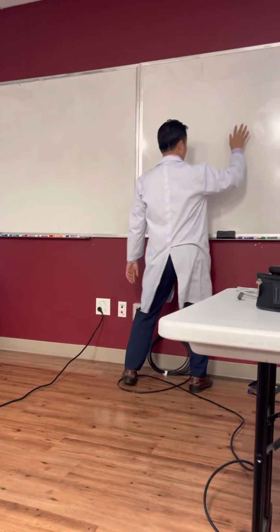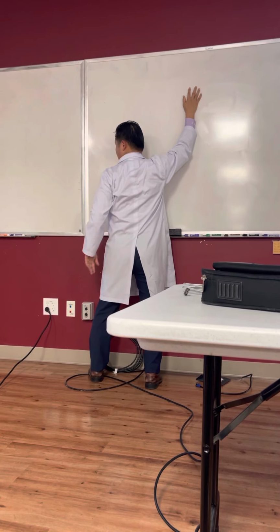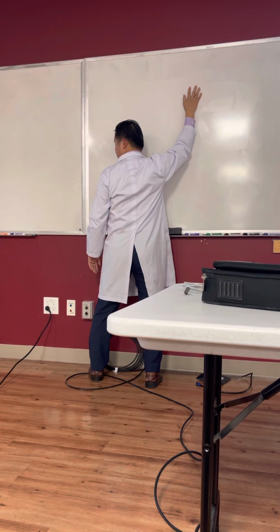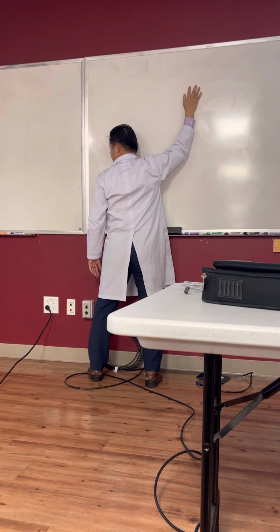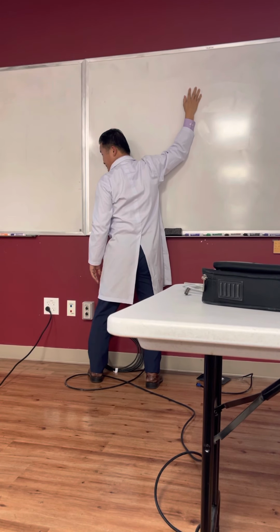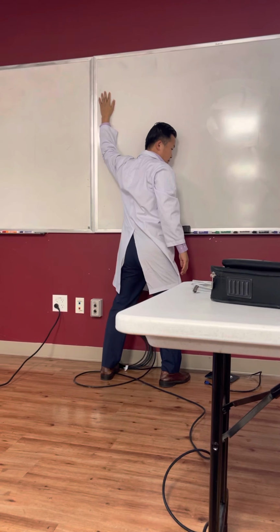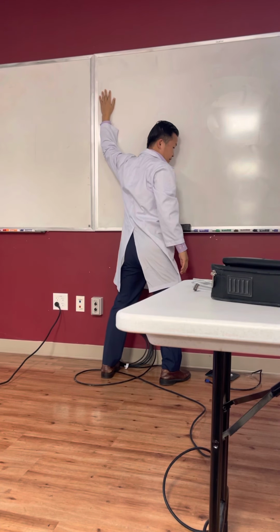Or you can stand in front of the wall. Bring the arm up about 30 to 45 degrees. Lean forward until you feel the tension and turn. Same thing over here. Lean forward until you feel the tension and turn.